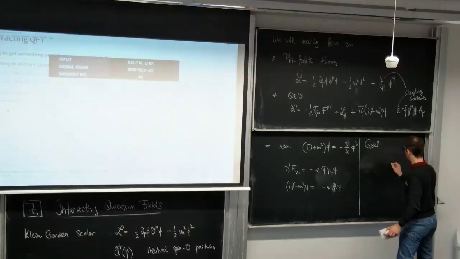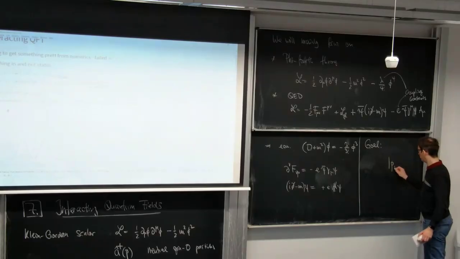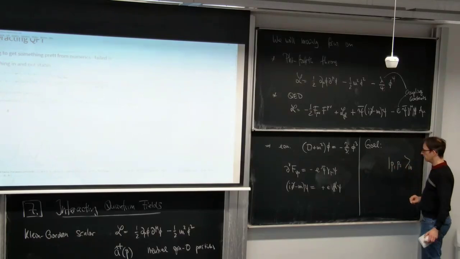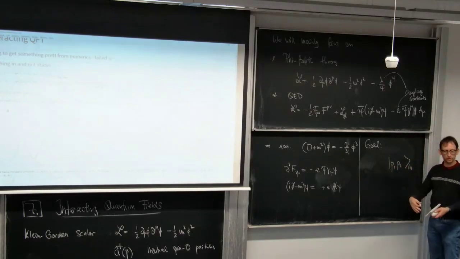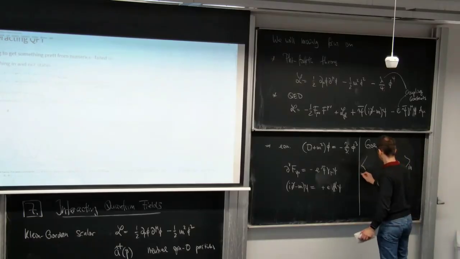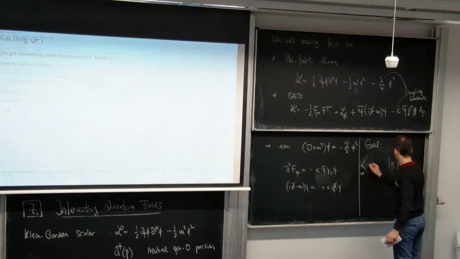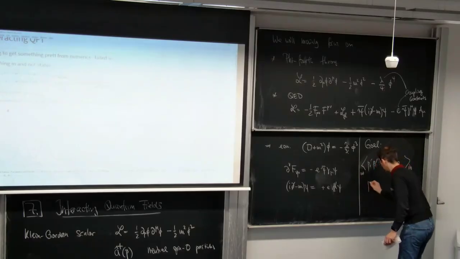So we have an in-state with some particles of some momenta, and we call this an in-state. And then we want to know what's the probability of getting particles at the other end, at the out time, with momenta p1 prime, p2 prime, and so on.